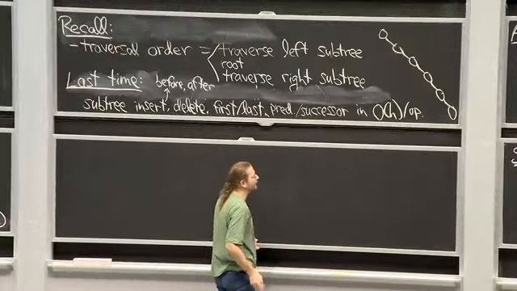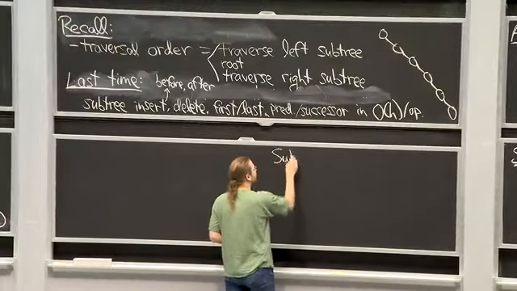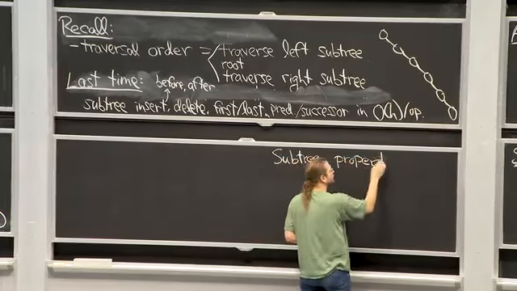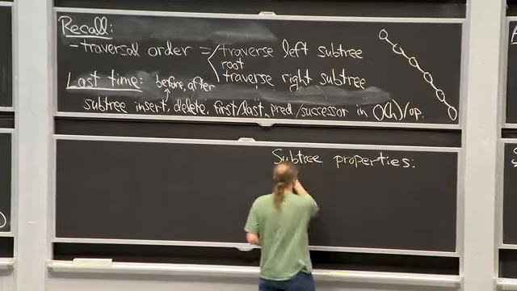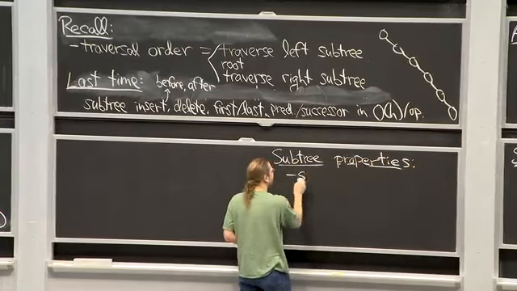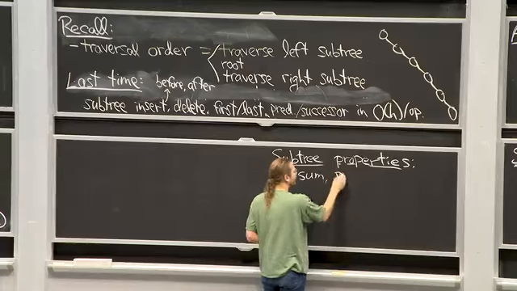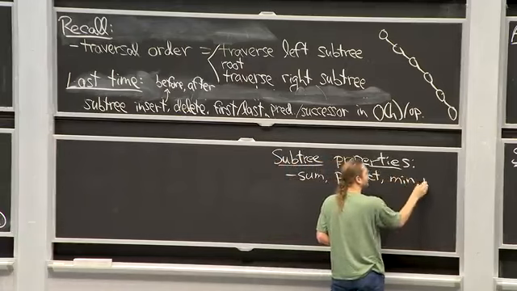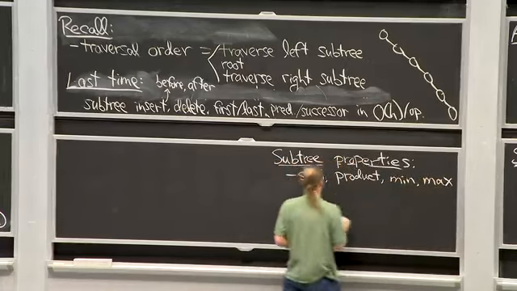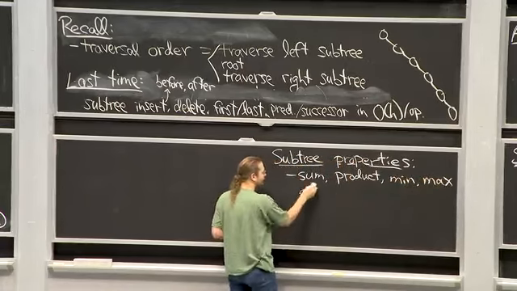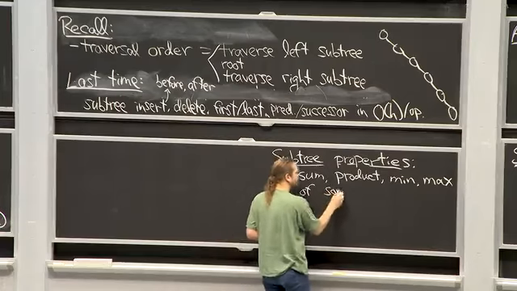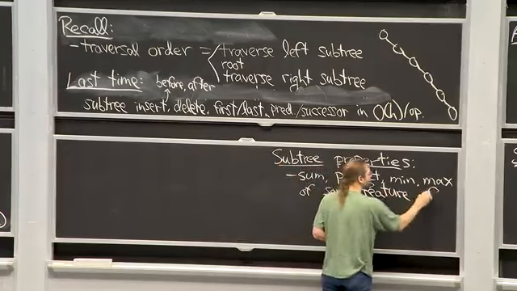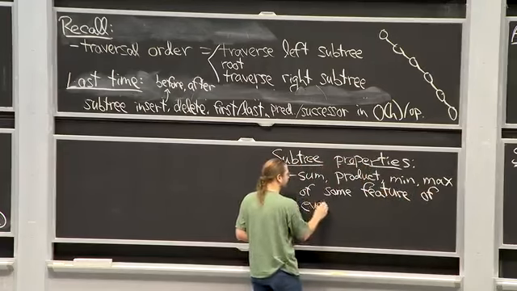Let me give you some examples of subtree properties. Common ones are the sum, or the product, or the min, or the max, or sum of squares, or all sorts of things, of some feature of every node in the subtree.